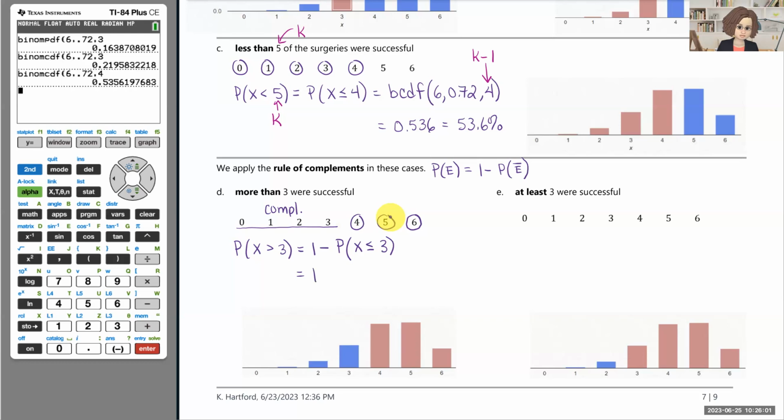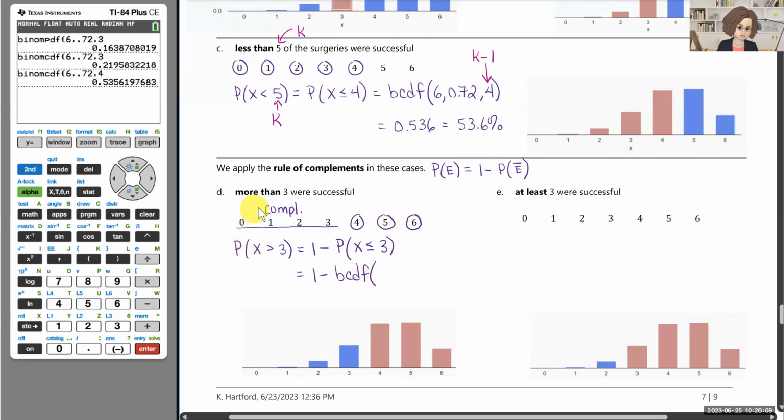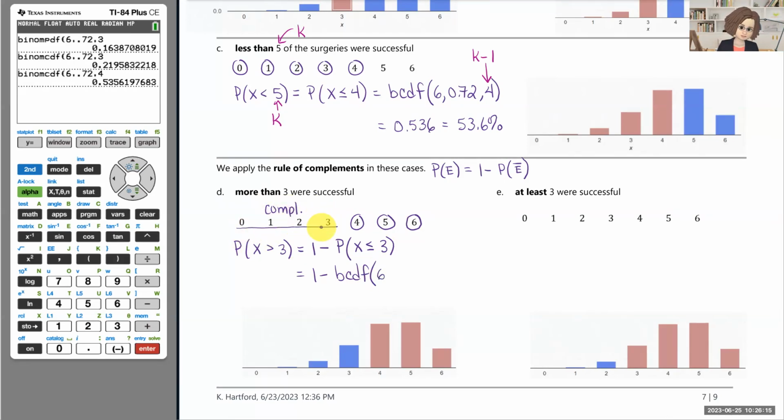So as soon as we have something written as less than or equal to, we can use binomial CDF, because binomial CDF will add these probabilities for us. So the complement will be binomial CDF N, P, and the complement ends at 3.